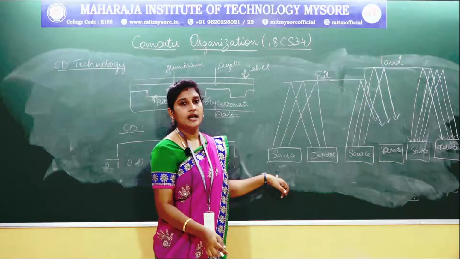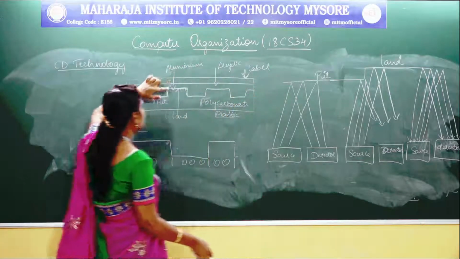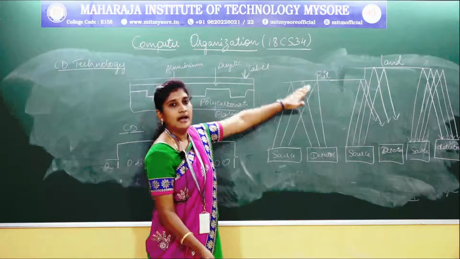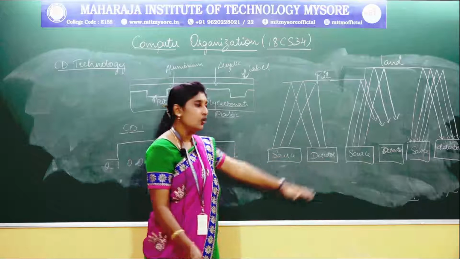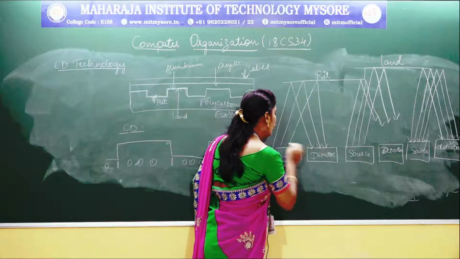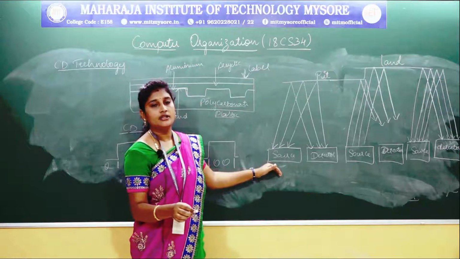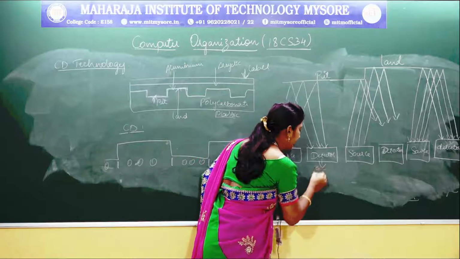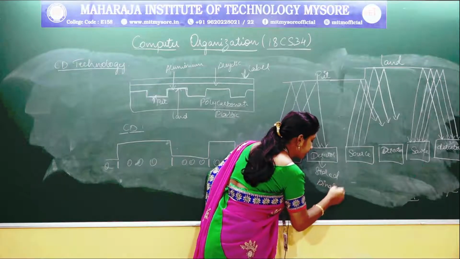So when the laser light is focused from the source, it reflects off the aluminium foil and back to the photo detector which is placed there, isn't it? So whatever reflections you get at the detector, you get your stored binary data.